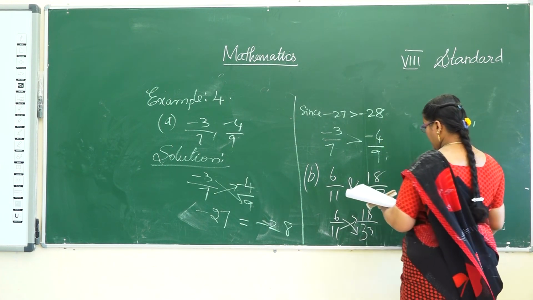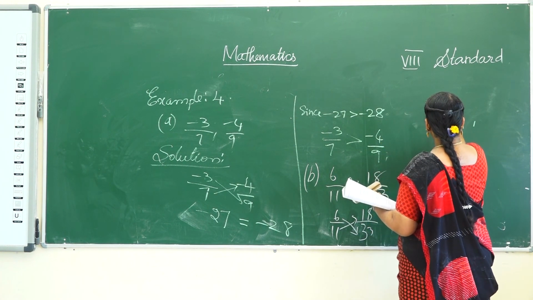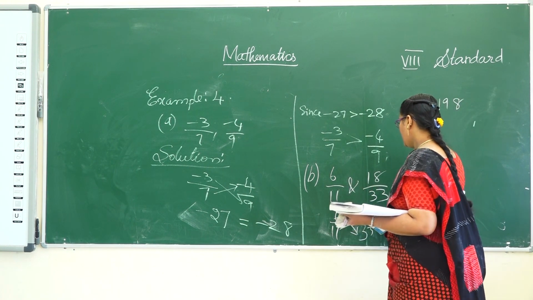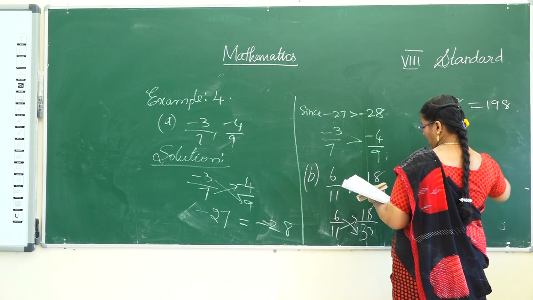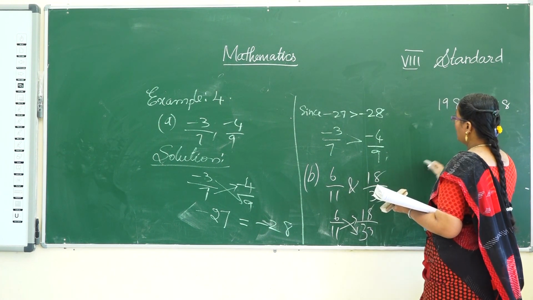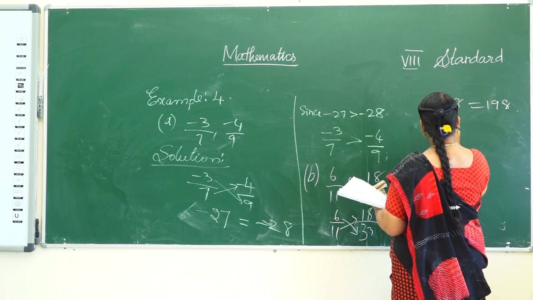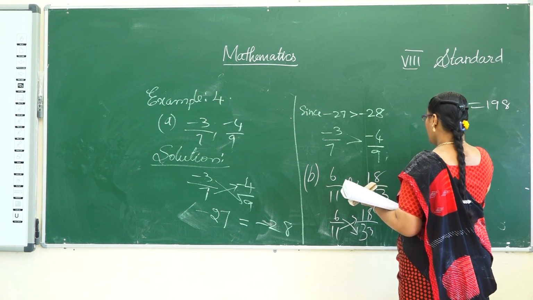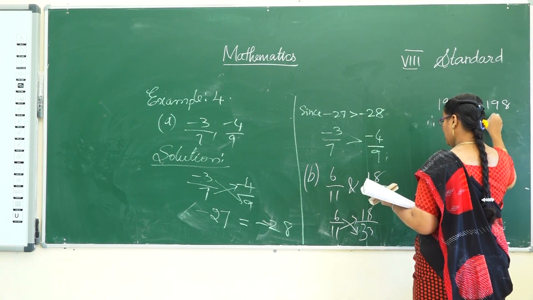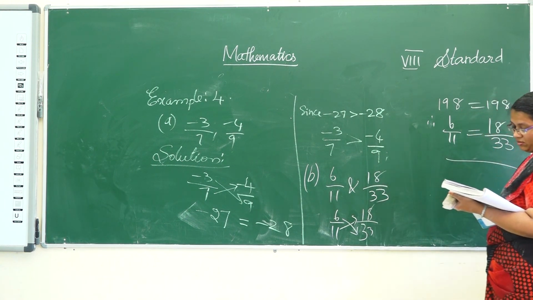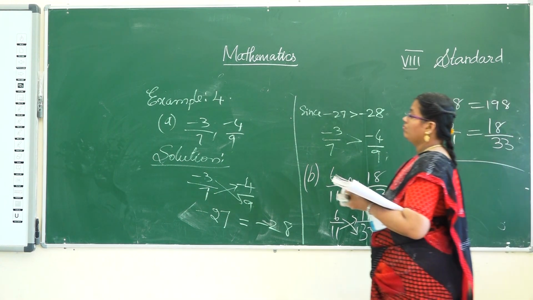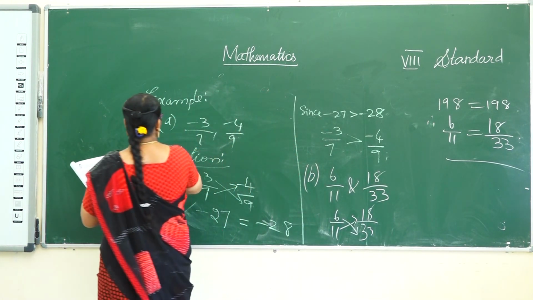So, 33 6s are 198. Here also multiply, 198. Both values are equal. Therefore, 6 by 11 is equal to 18 by 33. That's all.